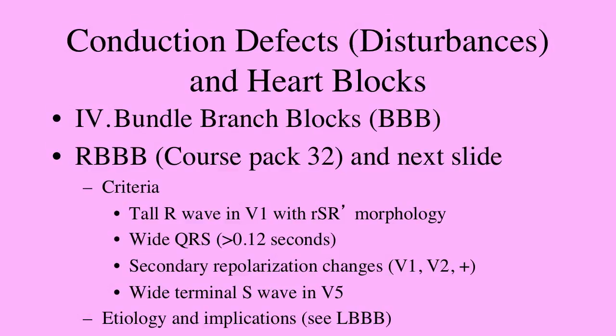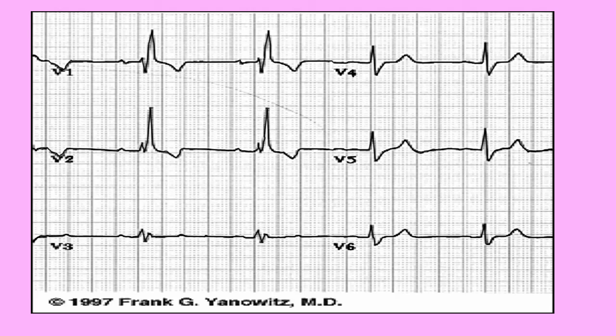If you look at the next slide, this is a perfect setup here. It's similar to page 32, where the key lead to look at is V1. You can see that there is an RSR prime in V1. It's wide, has the STT wave changes, and that's a classic right bundle branch block morphology.